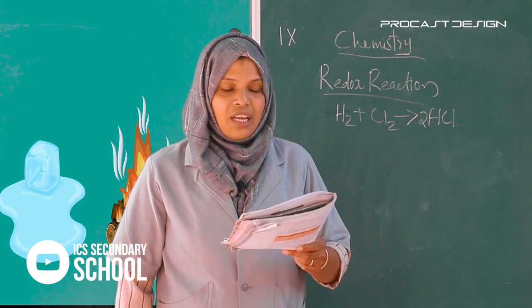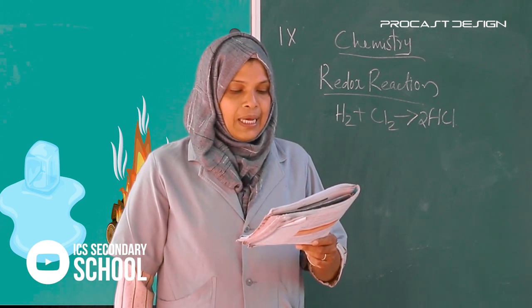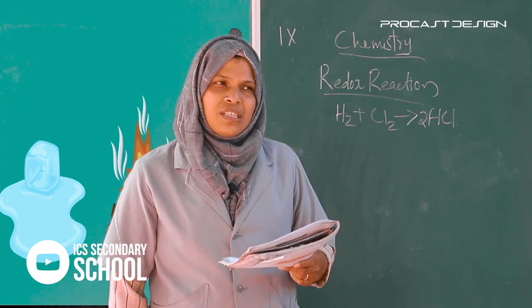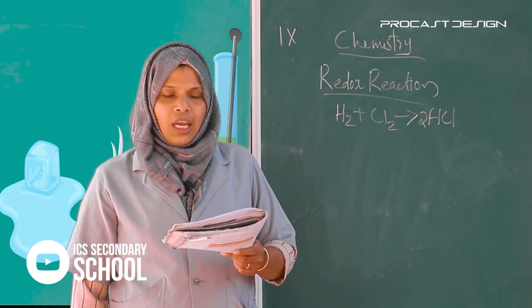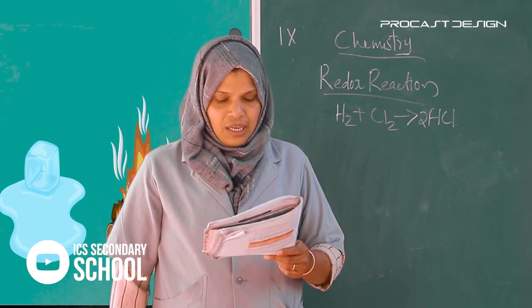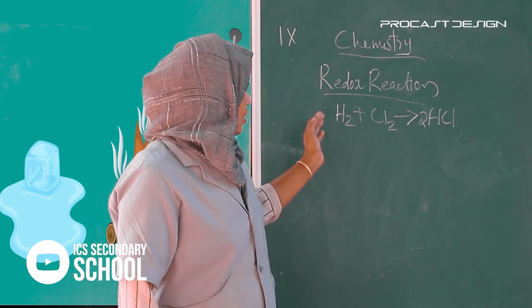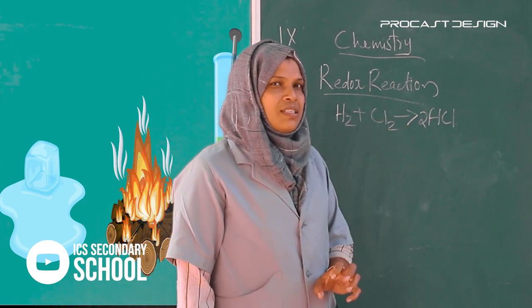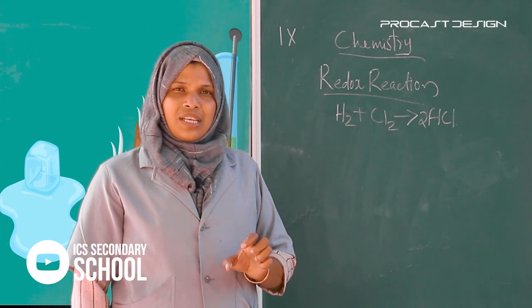Hydrogen. Which atom gets reduced? Chlorine. Here the oxidation and reduction take place simultaneously. This type of reaction is known as a redox reaction.